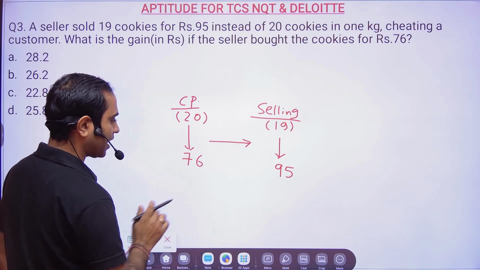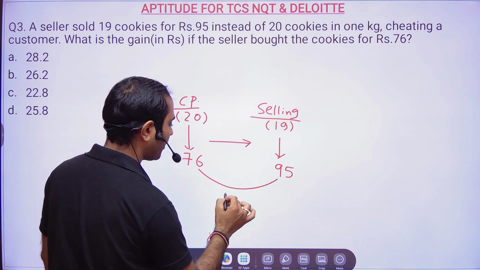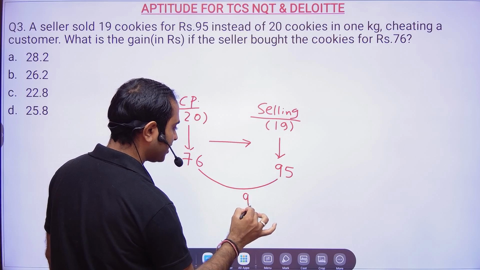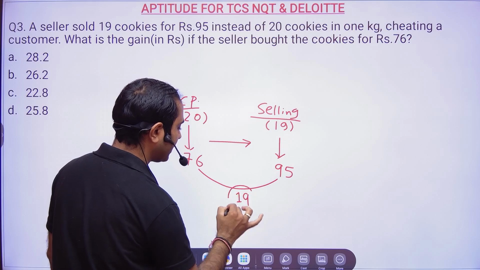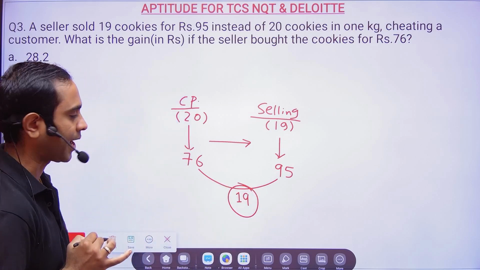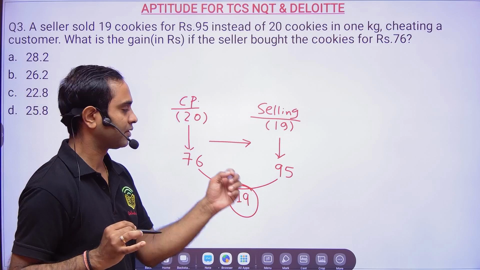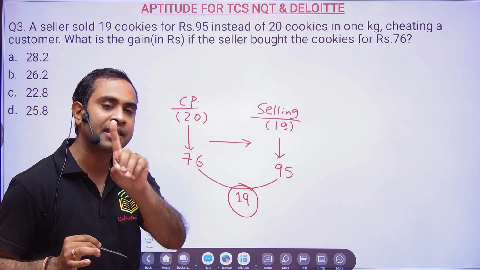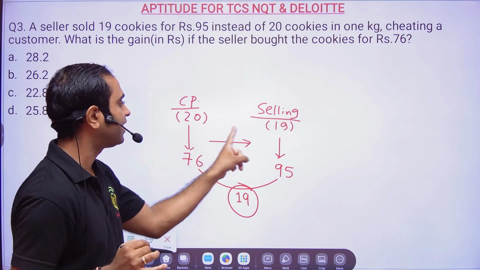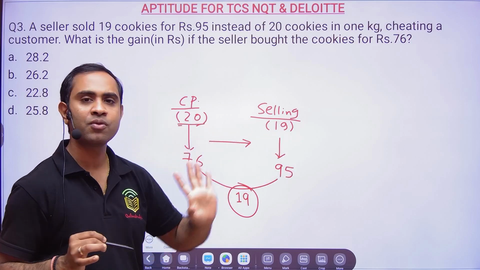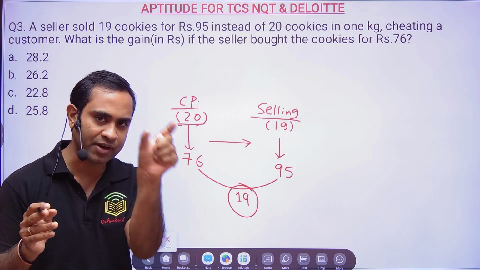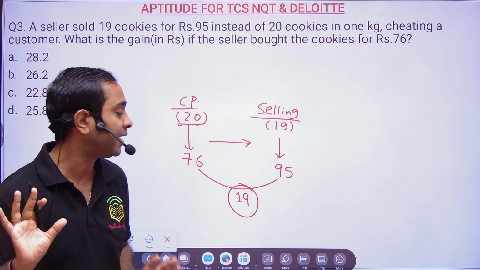So first you calculate how much profit he is getting. 15 minus 6 is 9 and 8 minus 7 is 1. So he is getting 19 rupees profit. Now 1 cookie also he is selling less. Earlier 20 cookies he got, and now he is selling only 19 cookies. So 1 cookie price also will be in profit.